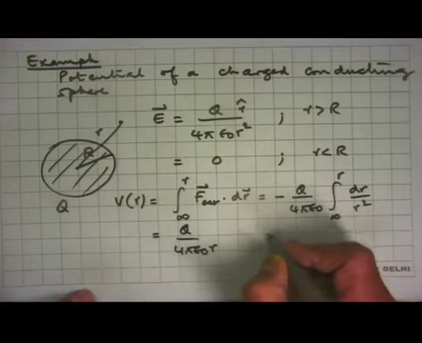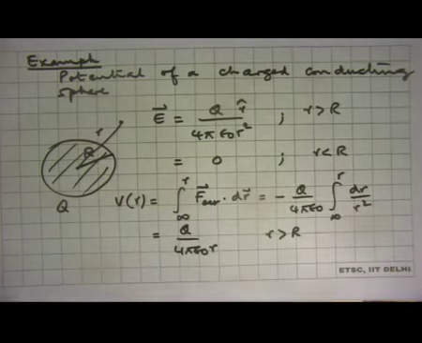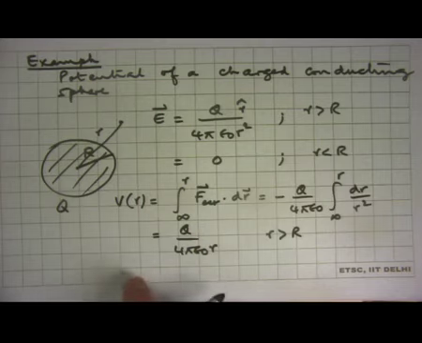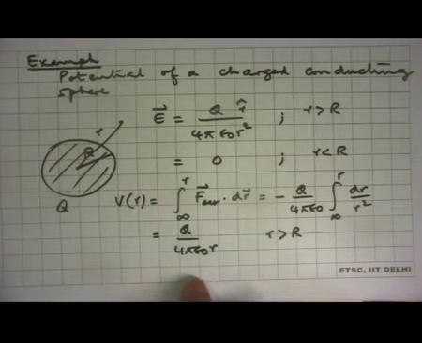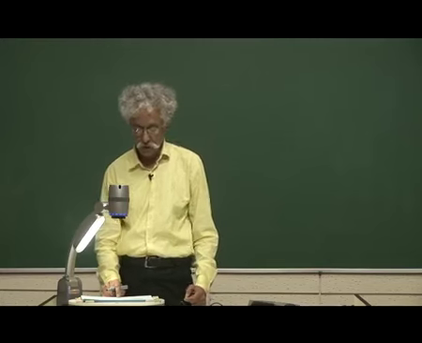This is for r greater than R, because the electric field which I am using in this integration is the electric field for a point lying outside the sphere. So, that is the potential as far as outside points are concerned, and the potential is exactly the same as if the entire charge was concentrated at the center.